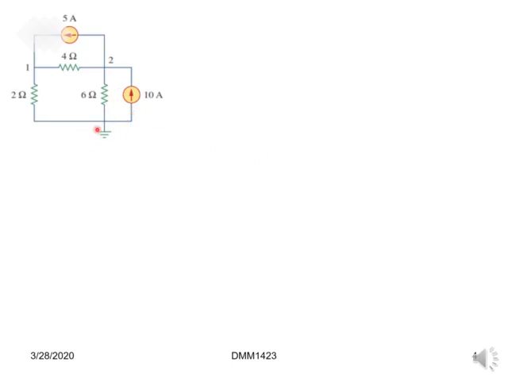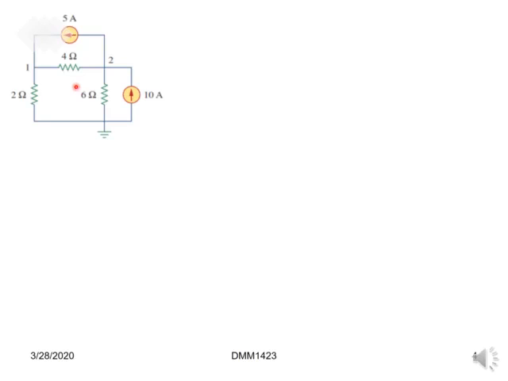In this case, the reference node is at the bottom. Why is the bottom considered the reference node? Because all of the branches are connected to this reference node.